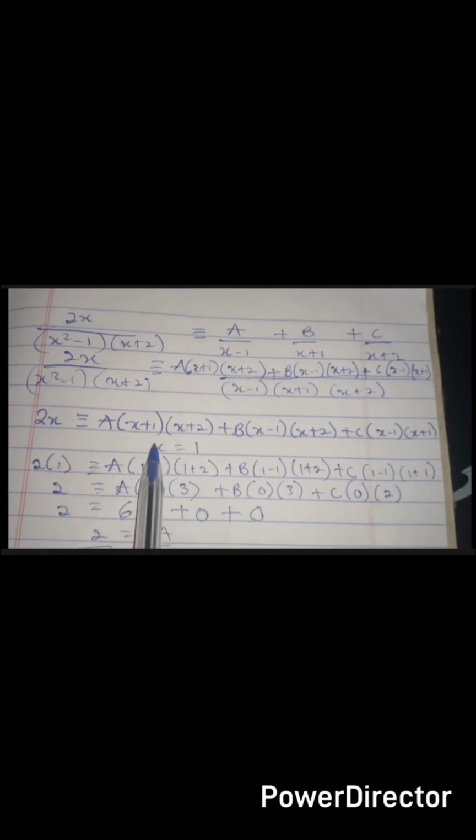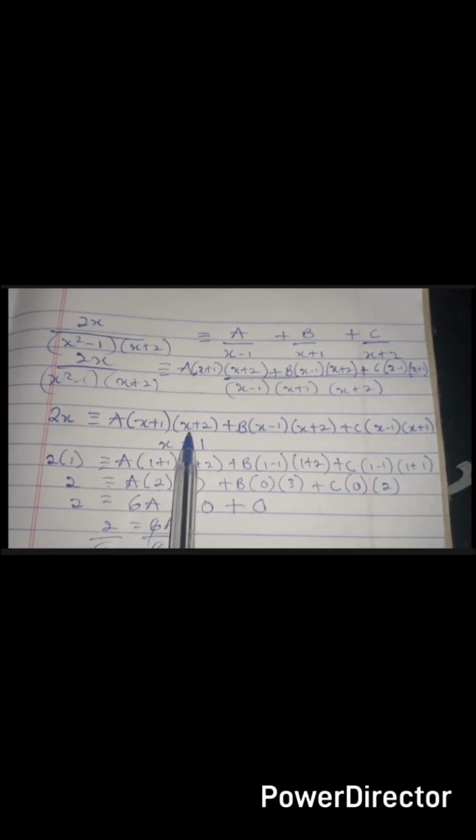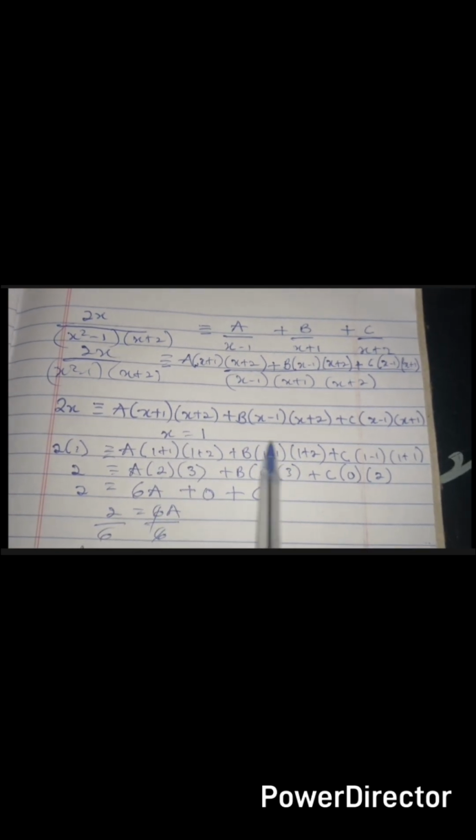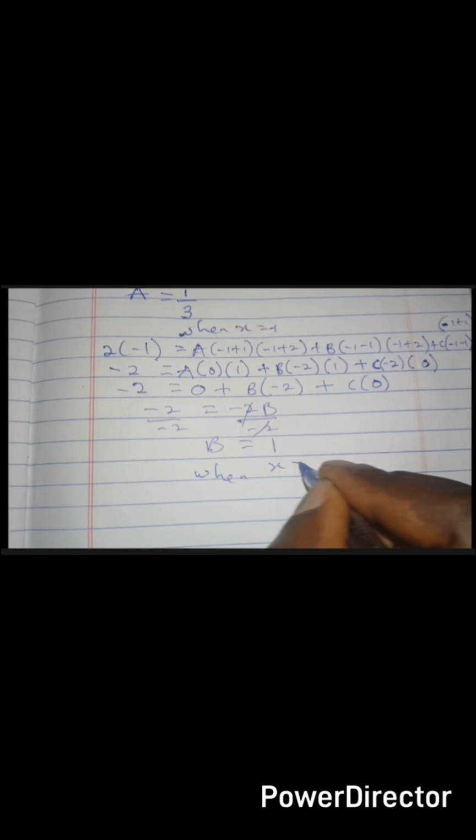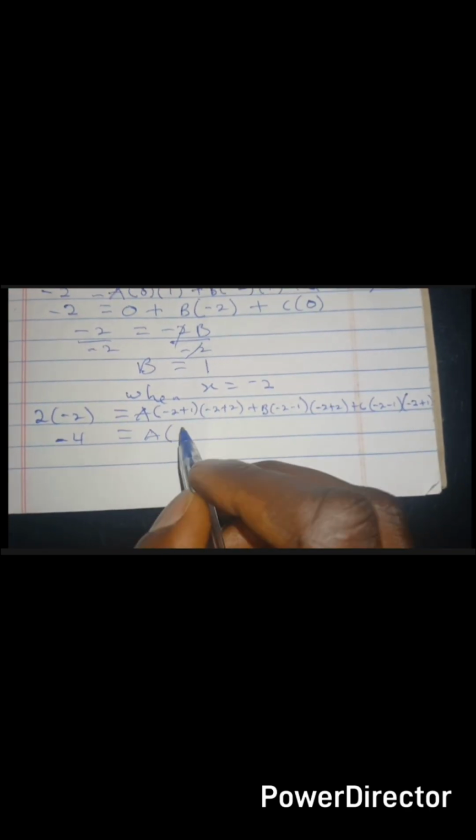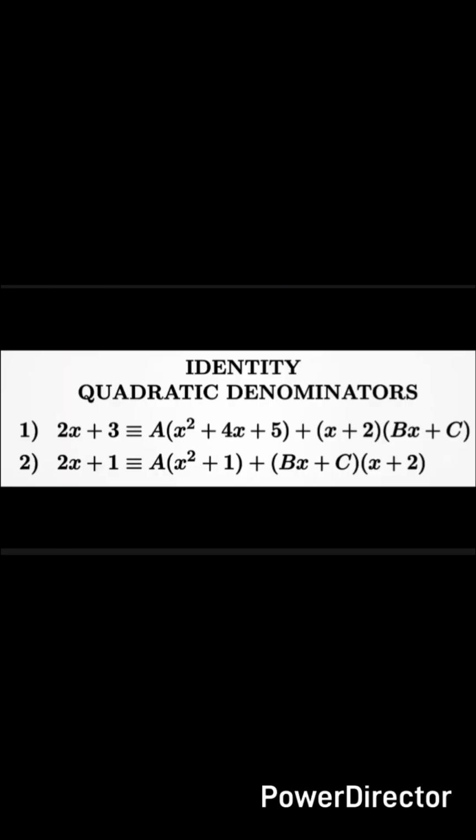Now, if we put x equal to minus 2, we'll make A to be 0 and then B to be 0, so that we'll find C. So when x is equal to minus 2, this will give us minus 4/3. So this will be the fraction from identities involving quadratic denominators.